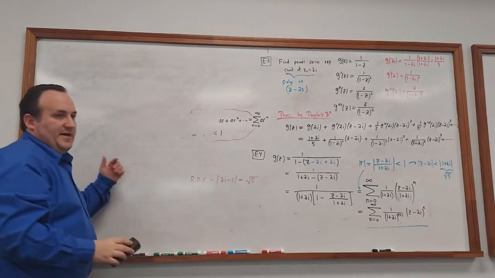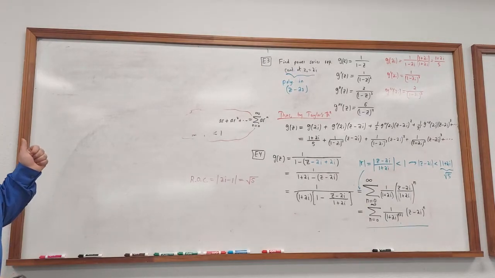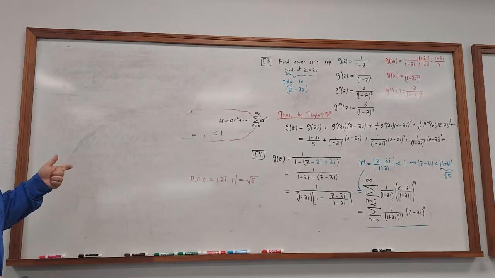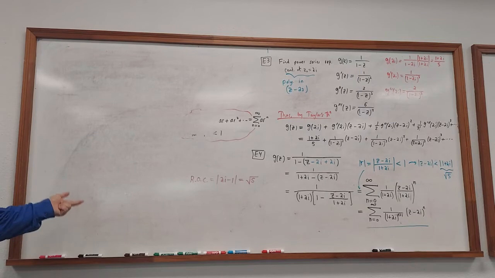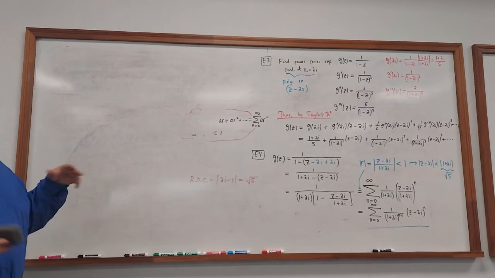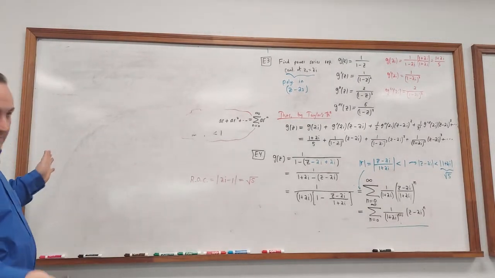Going back to the theorem, I've showed you one which converges just at one point. We just found one that converged on an open disk. Now I'm going to show you examples which converge on the entire complex plane.